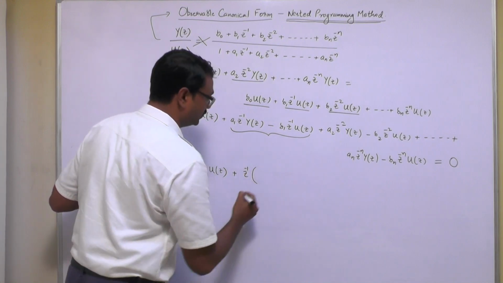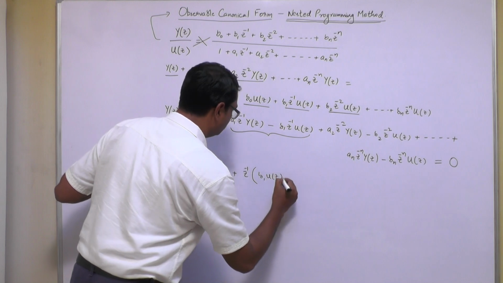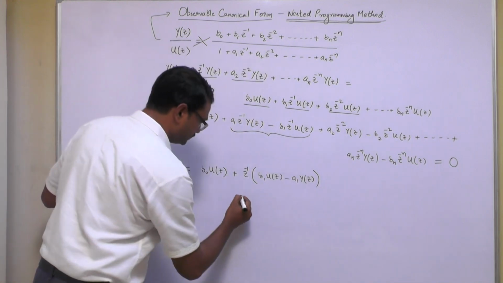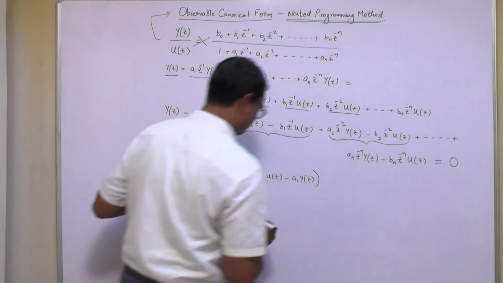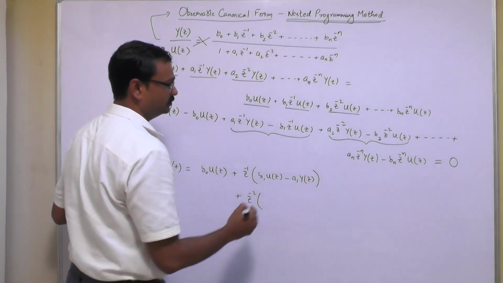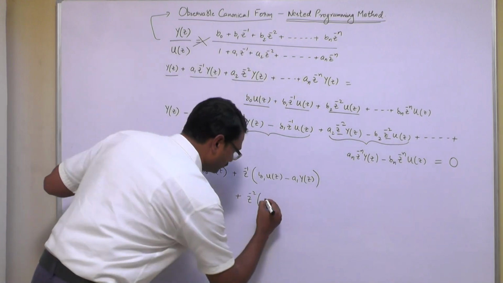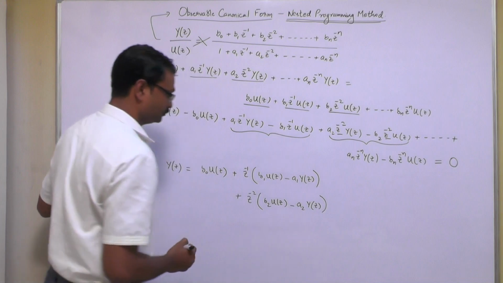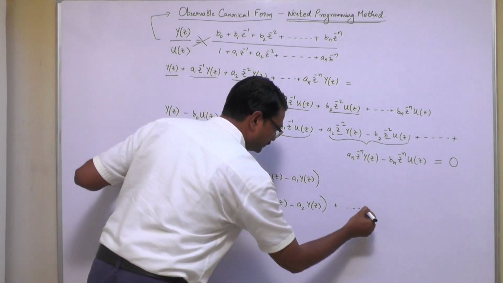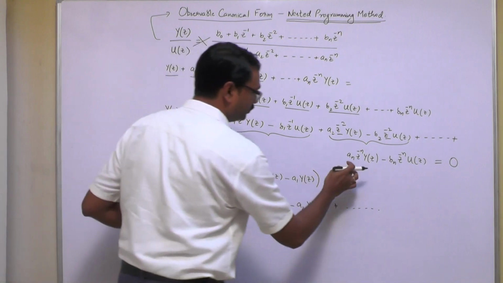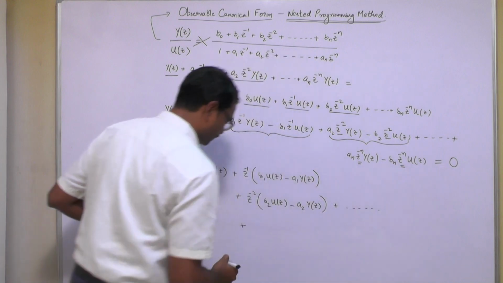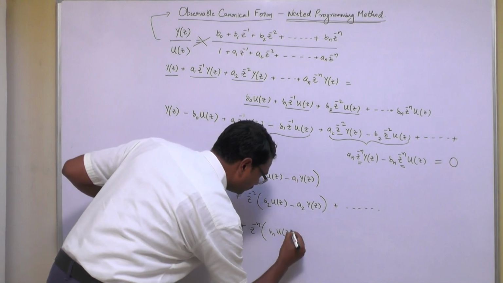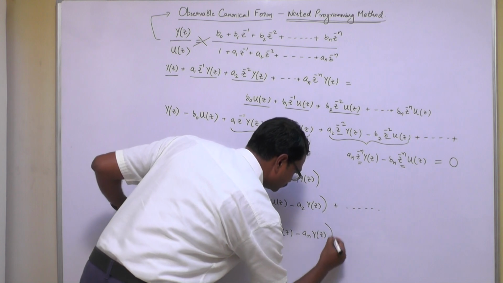You can say that we are having b0 U(z) plus z^-1 times, if you consider only these two, positive b1 U(z) minus a1 Y(z), plus, when you are considering these two, you have z^-2 here, b2 U(z) minus a2 Y(z), plus so on, plus z^-n into bn U(z) minus an Y(z).